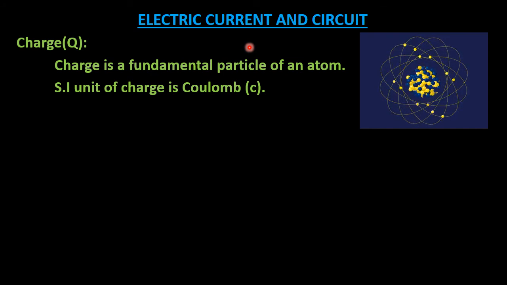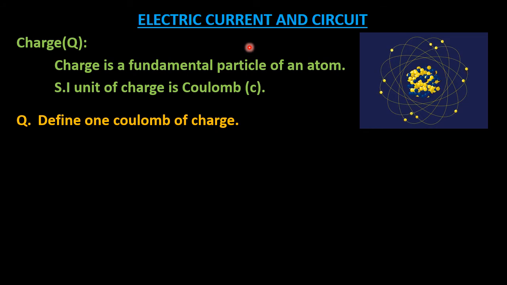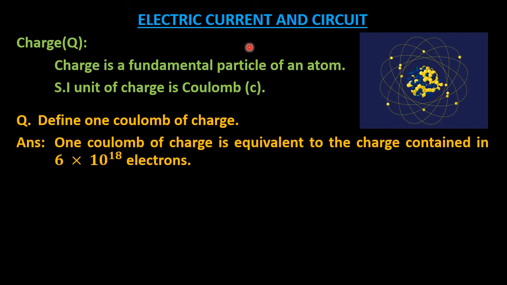Now the question may come like, define 1 coulomb of charge. 1 coulomb of charge is equivalent to the charge contained in 6 into 10 to the power 18 electrons. It means that the total charge contained in 6 into 10 to the power 18 electrons constitutes 1 coulomb of charge.